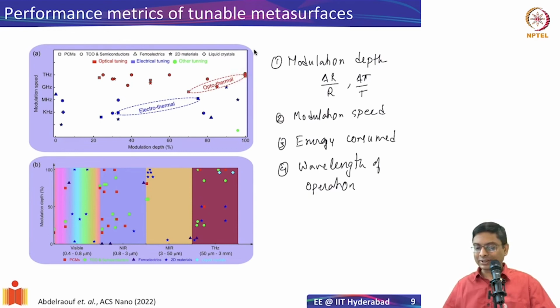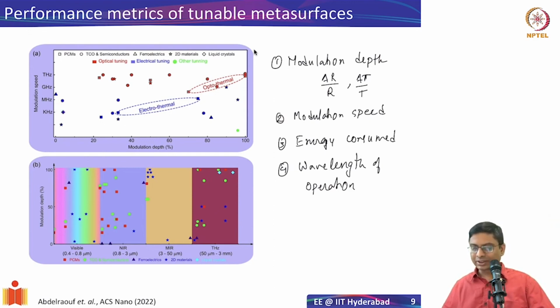In this case, it looks like some of the materials that are very useful are phase change materials. Each of them differs in how the modulation happens. If you design a structure carefully, you could in principle have a very strong modulation depth at high frequencies. If you come down to other types of material like liquid crystals, they have very small modulation speeds, kilohertz speeds.